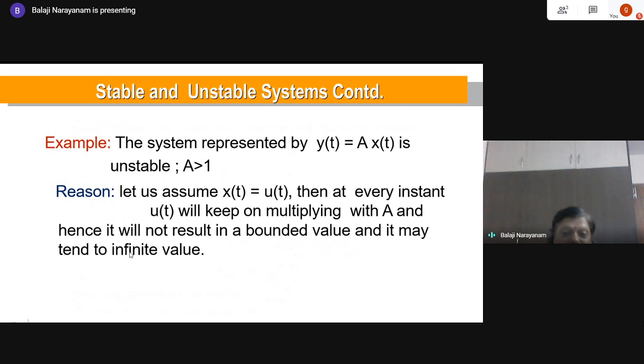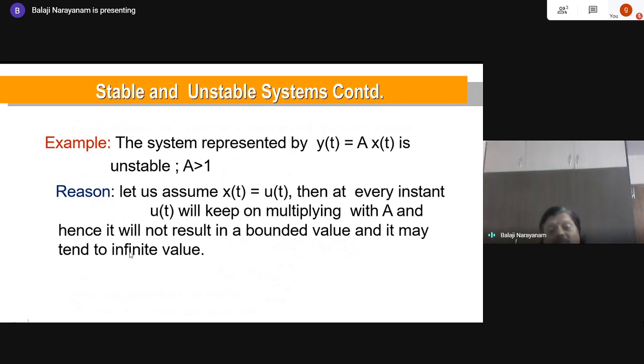Then at every instant u of t will keep on multiplying with amplitude a, and hence it will not result in a bounded value. You see, this is not going to stop. This process continues for all values of t, and this multiplication goes on repeatedly, and hence it will not result in a bounded value, and it may tend finally to an infinite value.